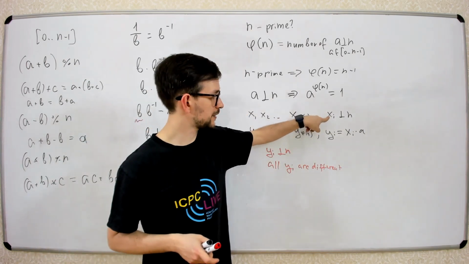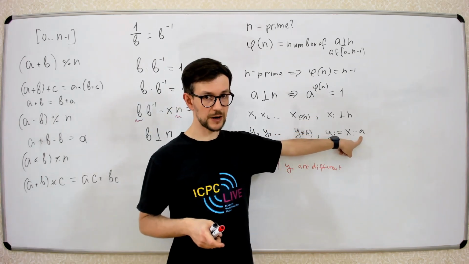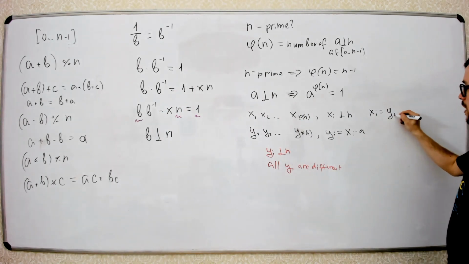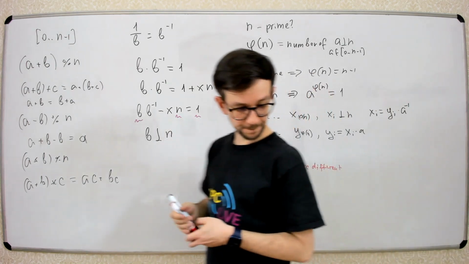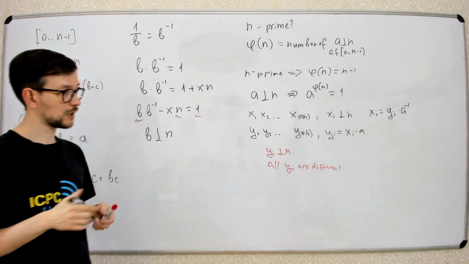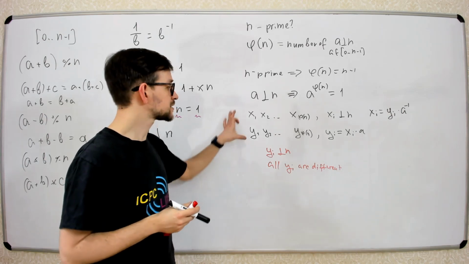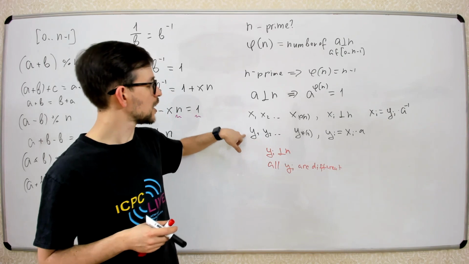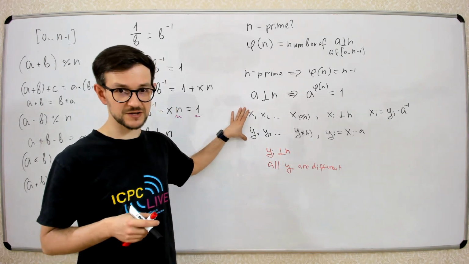So we can calculate x from y just by dividing by a. So x is y multiplied by a to the power minus 1. And since the number of these integers is the same, for each number here we have a pair here. So both sets are actually the same set.